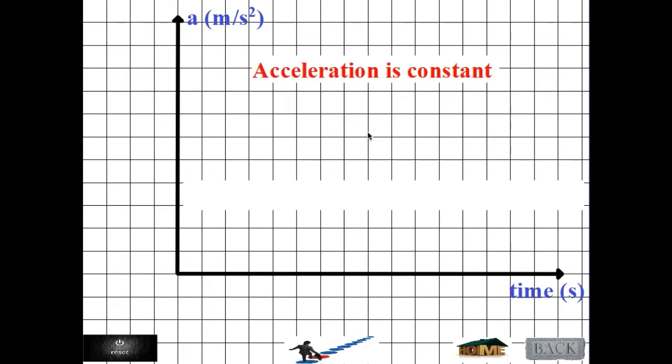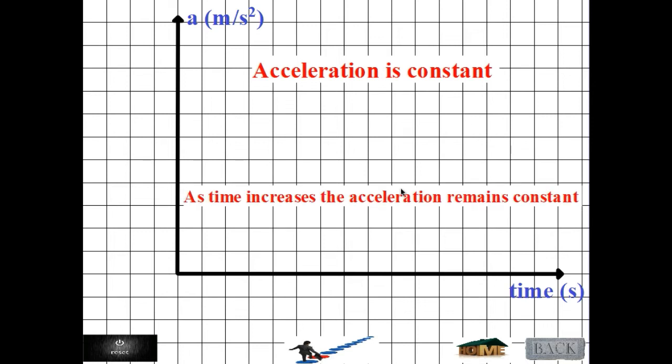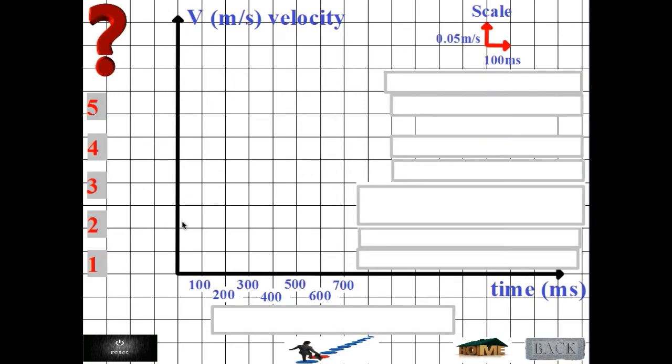It's 0.5 meter per second square, so it is a constant straight line, and a is the constant. It's 0.5 meter per second square, or 1 or 2, any constant. From the table, it's 0.5 meter per second square. This is the first graph.